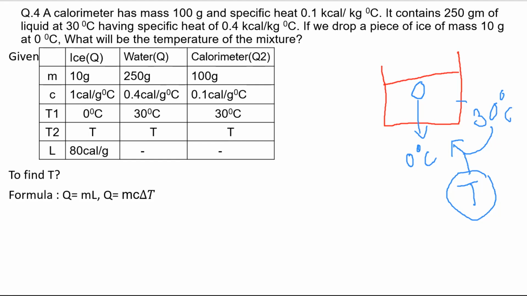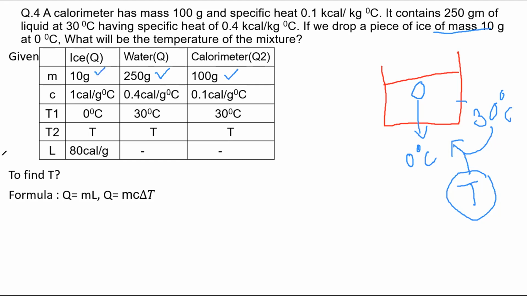So let us start with what is given in the question. Calorimeter has mass 100 grams, so mass of calorimeter is 100. Then 250 gram of liquid, mass of liquid is 250 gram. And ice mass is 10 gram.